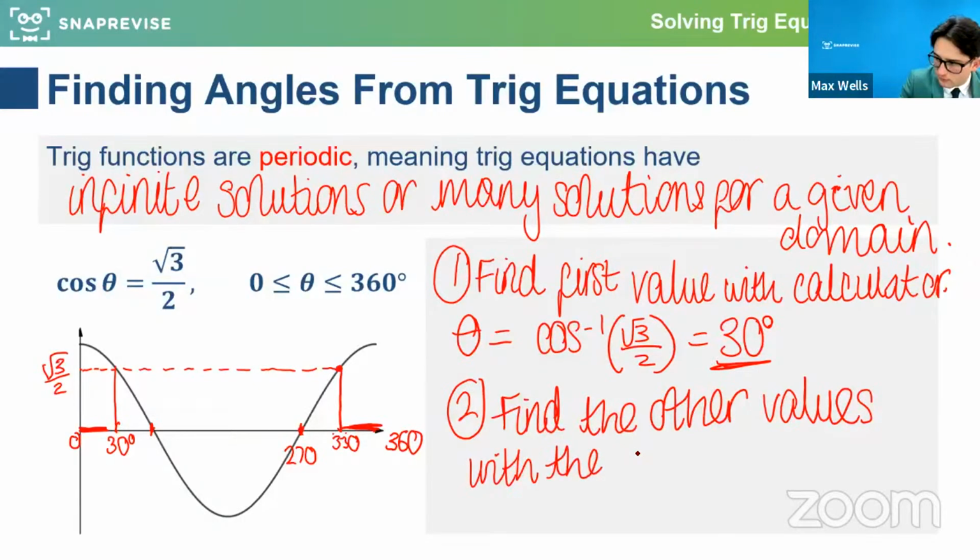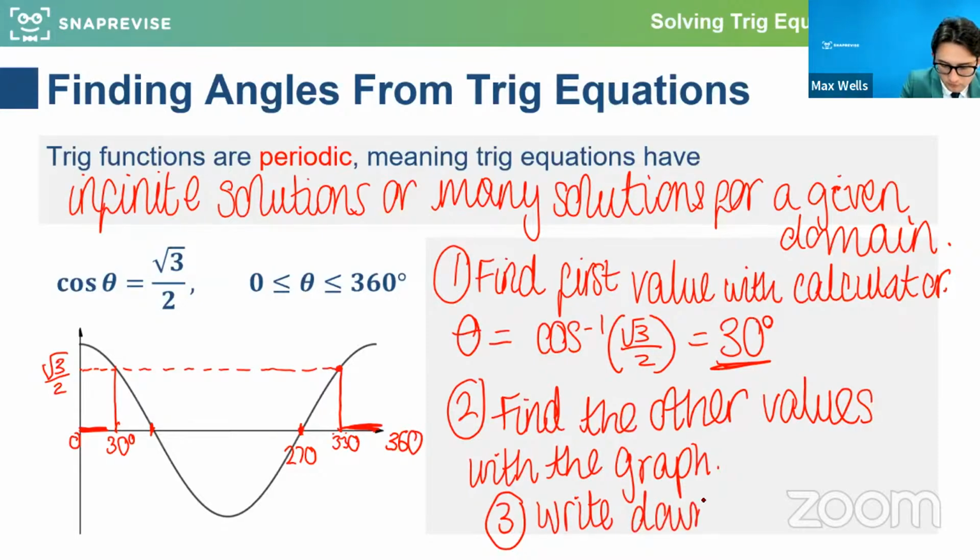And so then what you have to do finally is write down all the solutions, because there will be multiple answers. So you would say theta equals 30 and 330. Both those values solve it.